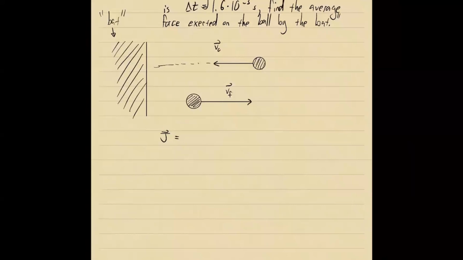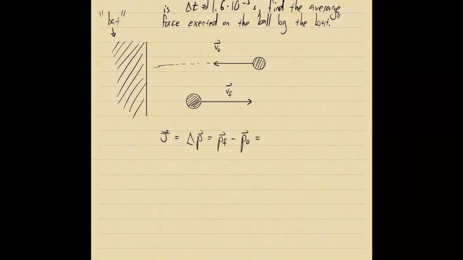So we can calculate the change in momentum, delta p, which is just our final momentum minus our initial momentum.